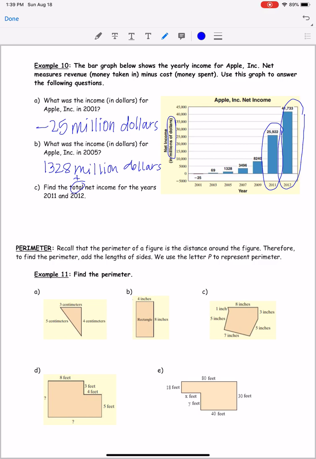So let's add them. We've got 41,733 plus 25,922. So add. 3 plus 2 gives me 5. Another 3 plus 2 gives me 5. 7 plus 9 is 16.